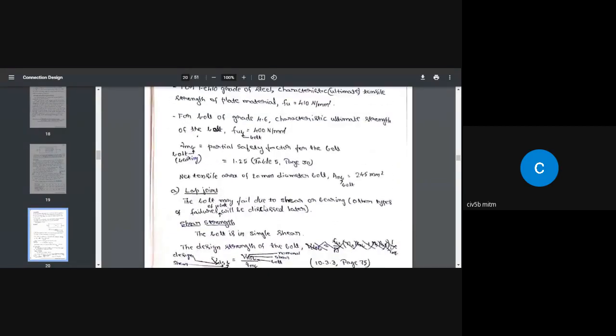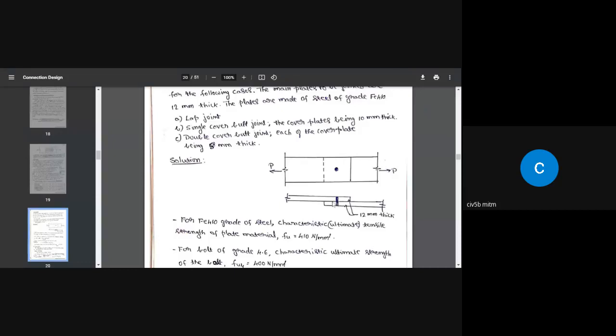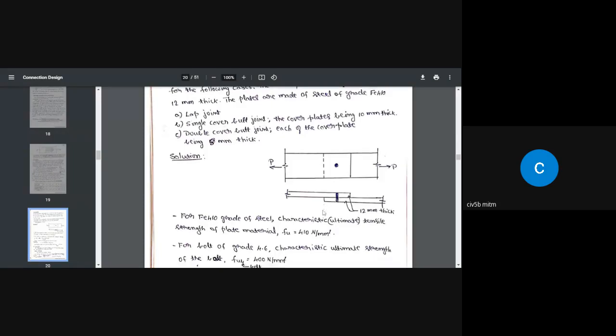So if I go up, look here, if the bolt fails due to shear, this is the shear plane. You need to find out the shear strength of the bolt by multiplying the shear stress by the net area of the bolt.